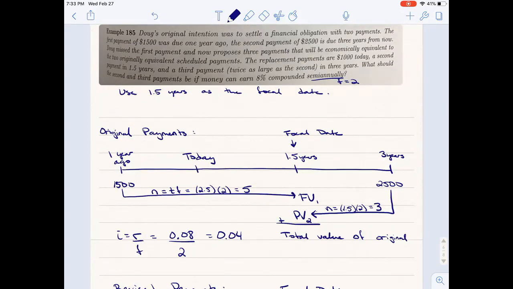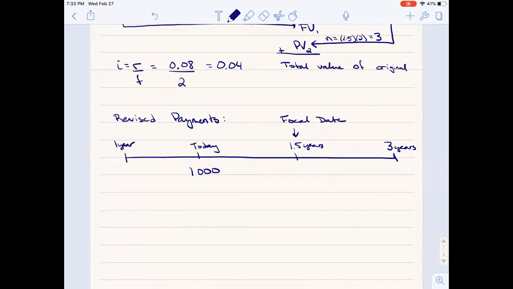We don't know what that is, so we've got this unknown payment situation. And a third payment twice as large as the second at 3 years. Remember we did this last day, where we have X and then 2X at 3 years. We don't know what X is, but we're going to solve for it.